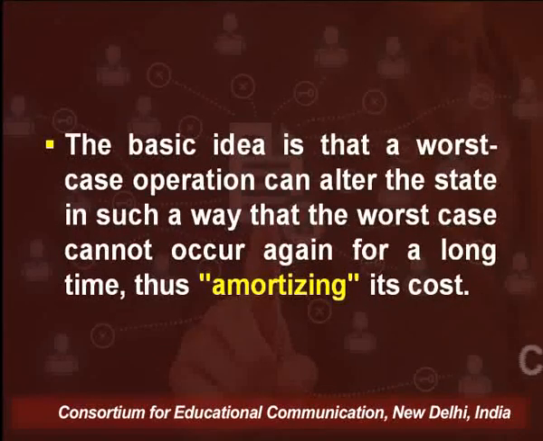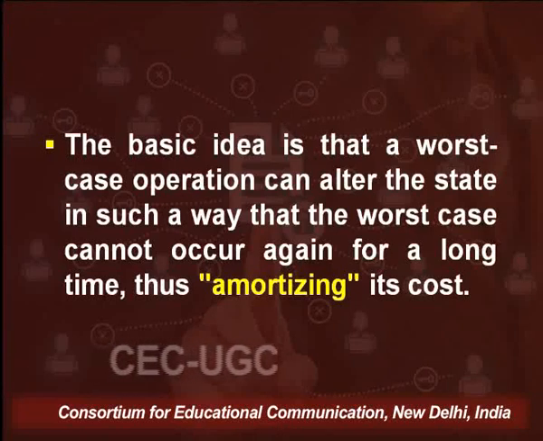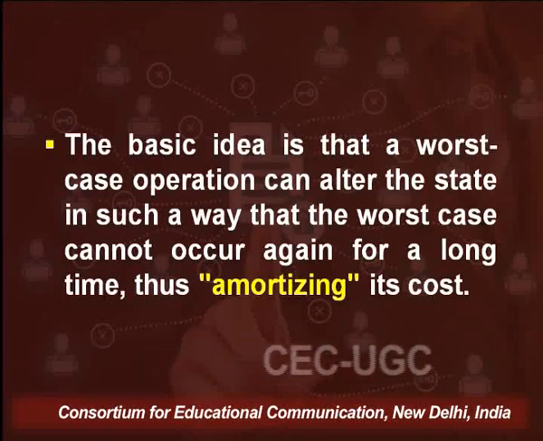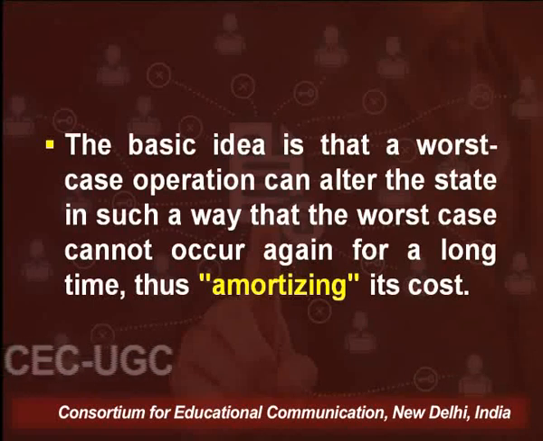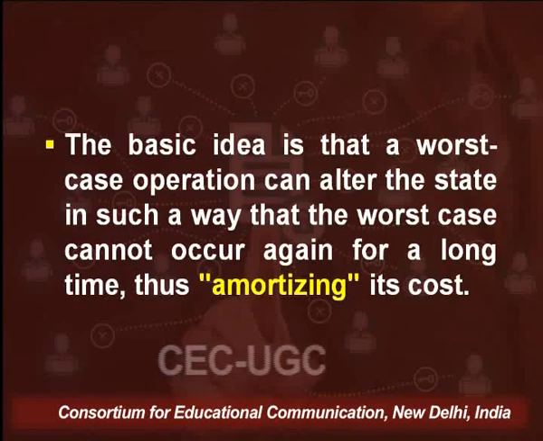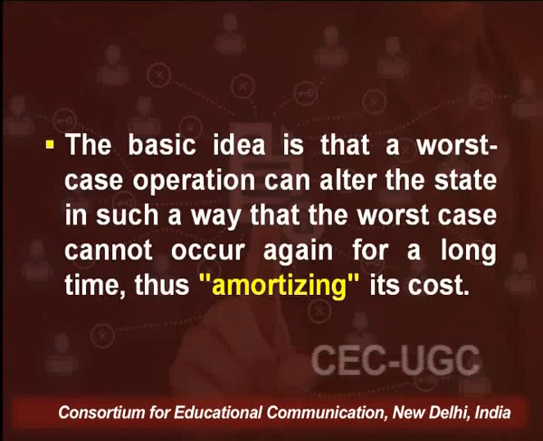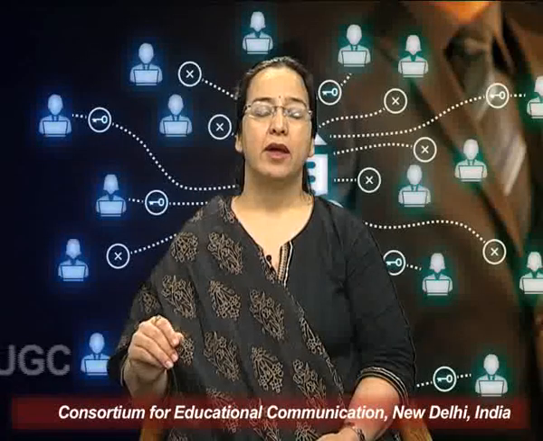The basic idea here is that a worst case operation can change the state of the data structure in such a way that the worst case cannot occur again for a long time, and thus we are averaging out, or amortizing, the cost. This is the basic idea behind amortized analysis.